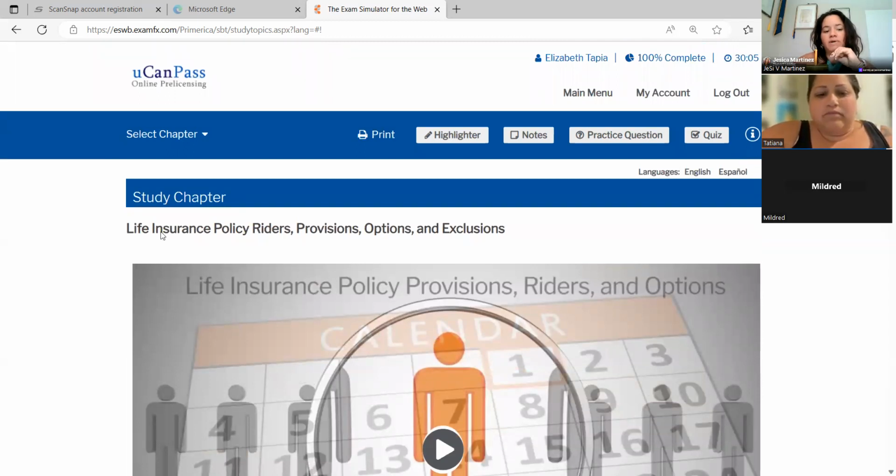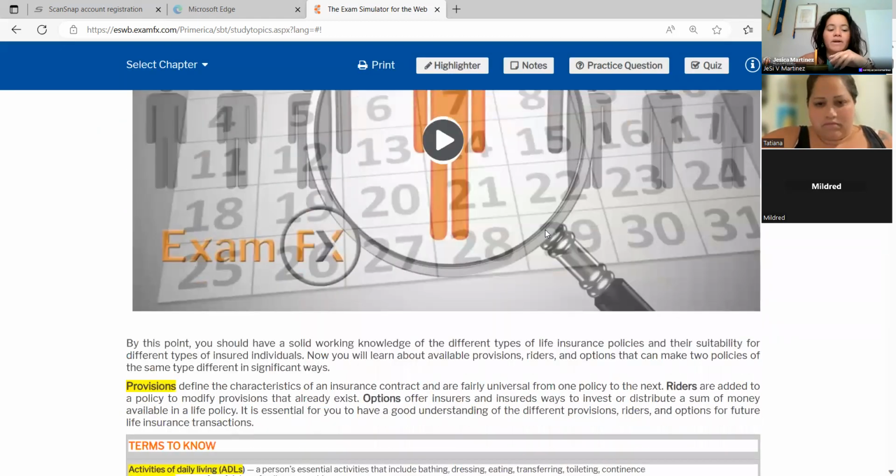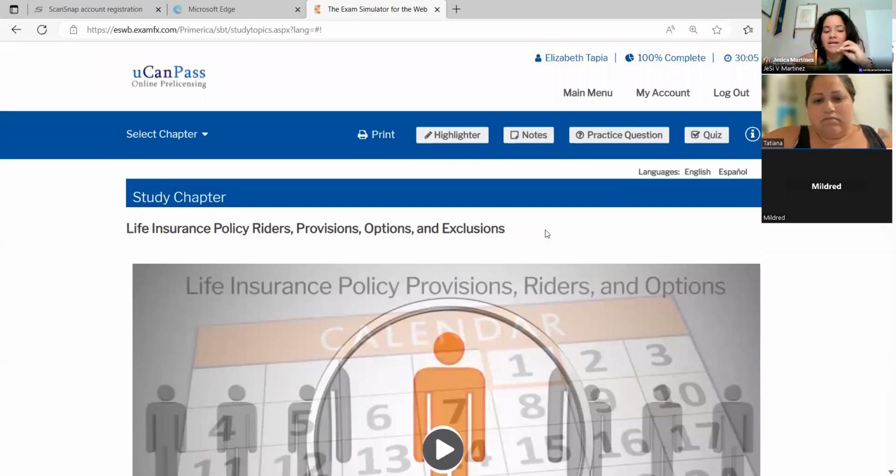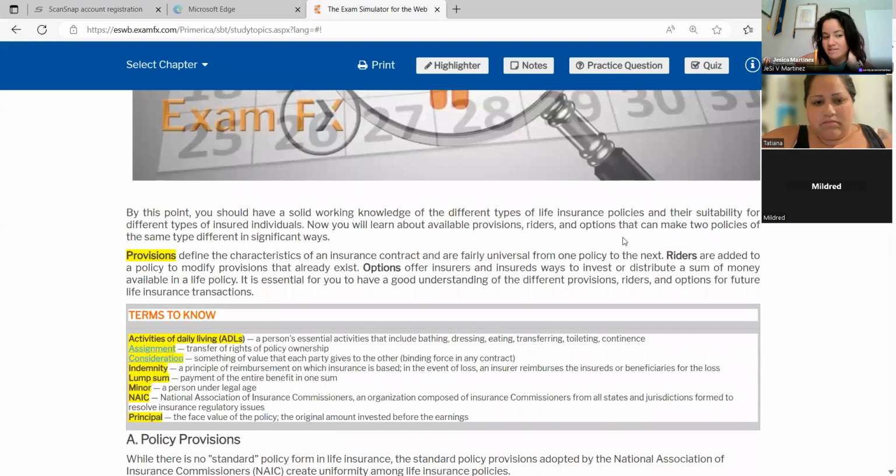Chapter 3 is all about policy riders, provisions, options, and exclusions. So the day before yesterday, we saw all about life insurances, the types of life insurances, term, whole life, all that stuff. Now we're inside the life insurance policy. So we're looking at their provisions, the riders, and the options and exclusions that the policies have.